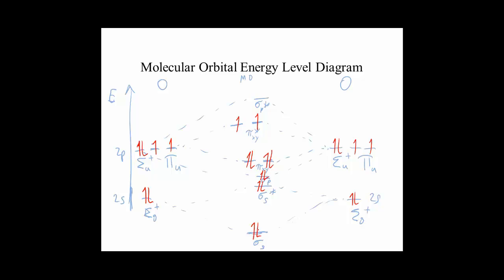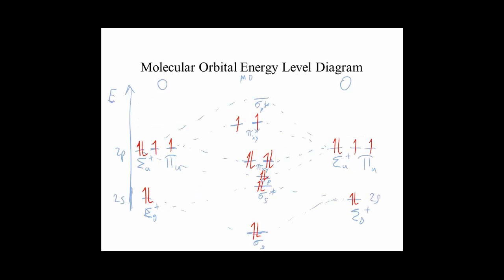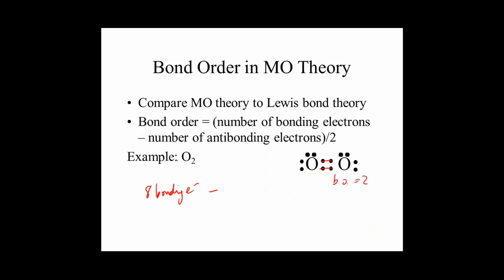So we have 1, 2 in a bonding molecular orbital here. These are antibonding. 3, 4 bonding. 5, 6, 7, 8 bonding. 8 bonding electrons. Minus, these are antibonding, 1, 2, 3, 4. 4 antibonding electrons.